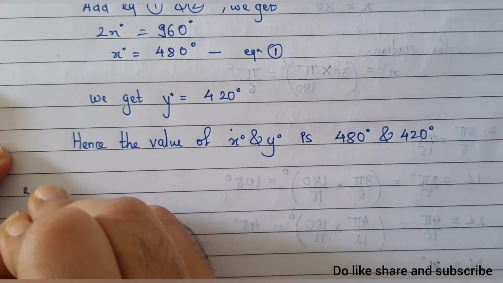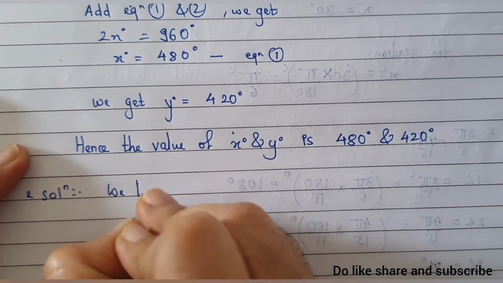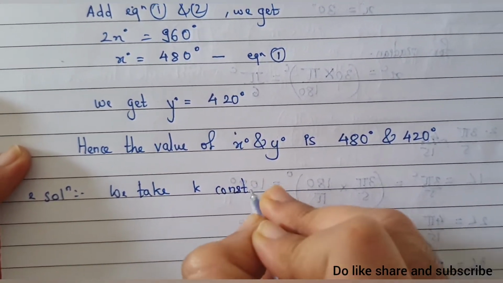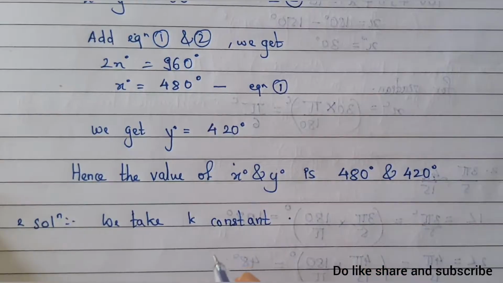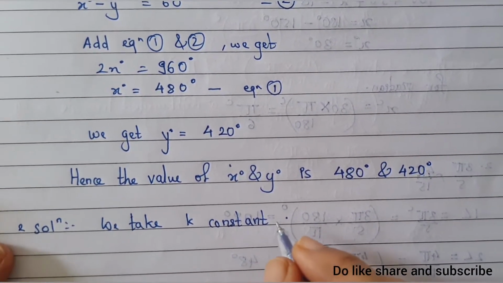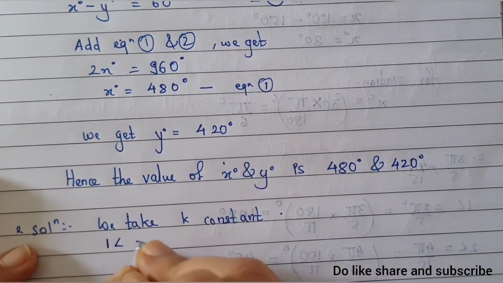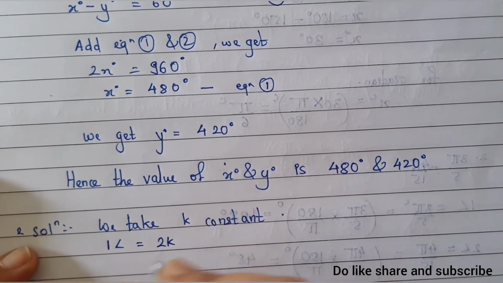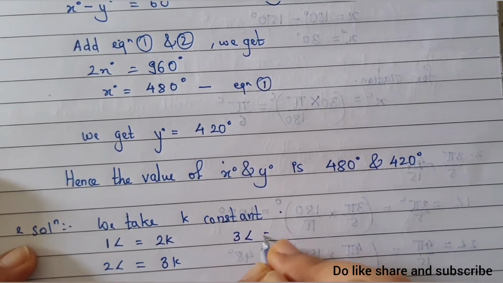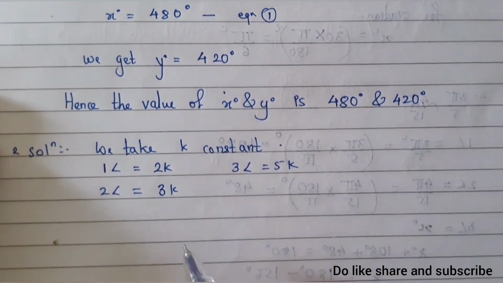For the second solution, we take k constant, which if we multiply to the given ratios, we can get the values of the angles. So consider the first angle is equal to 2k, second angle is equal to 3k, third angle is equal to 5k, and we have to find the measures in radian.